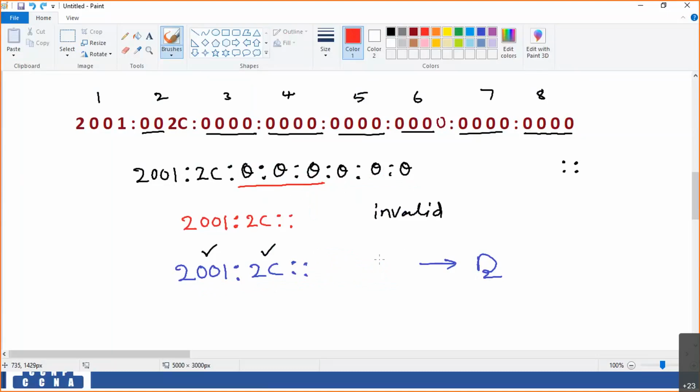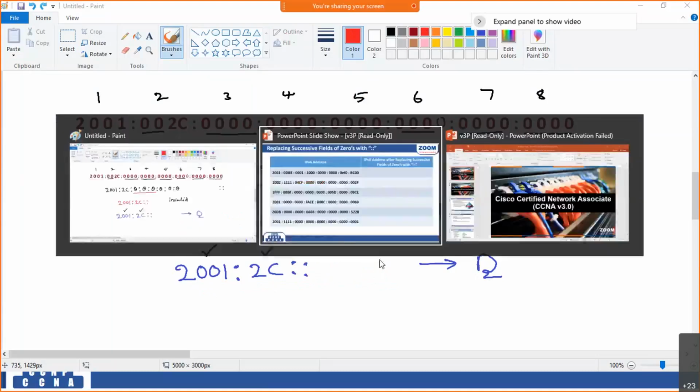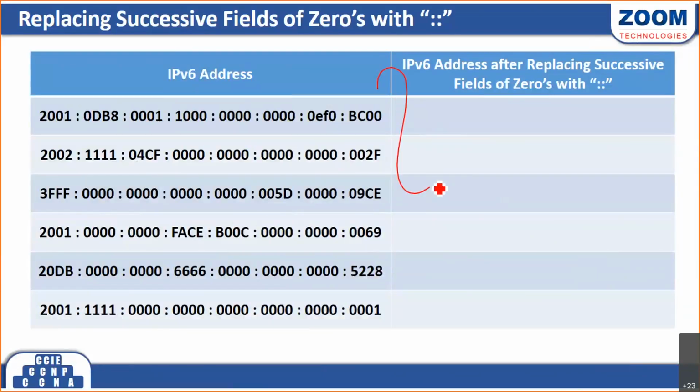Thank you. So here we have a few examples. Everyone, try to solve them.